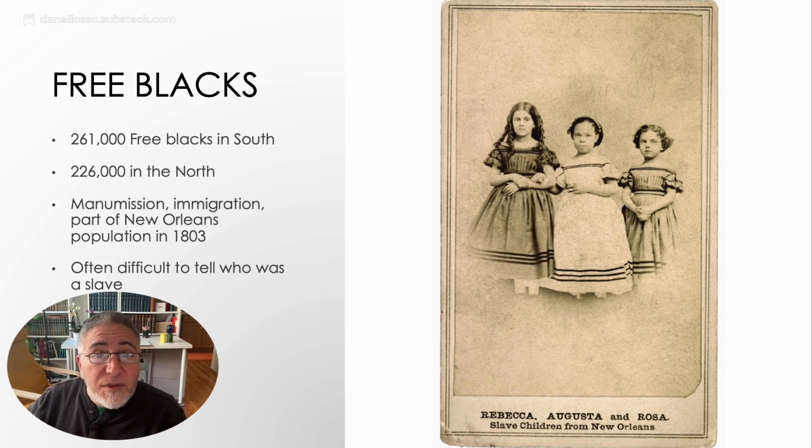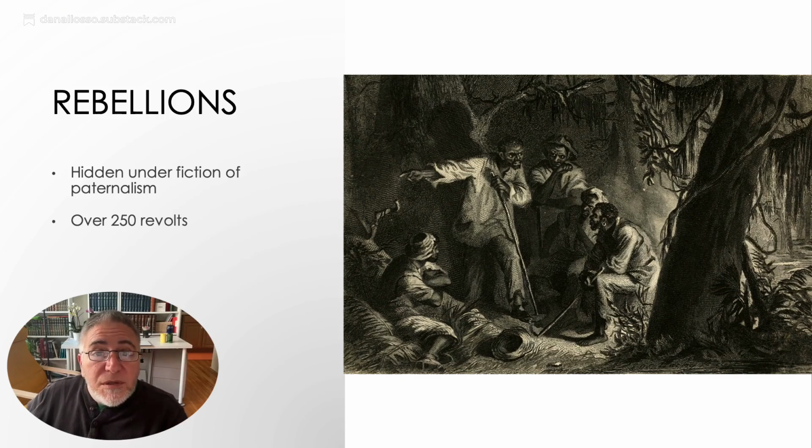And in the slave South, even though their legal status was the same, lighter-skinned blacks often looked down on their darker counterparts, which indicates the ways in which both whites and blacks internalized the racism of the time. Of course, enslaved people resisted in small ways every day, but sometimes this resistance led to mass uprisings.